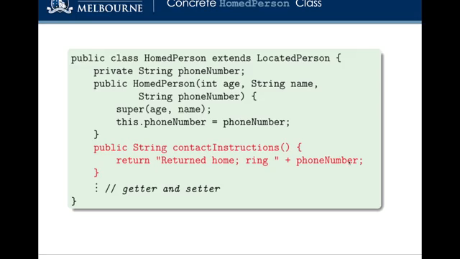So naturally a phone number or some message or something unique to what a homed person object would be, that is added to the contact instructions. And that is the point. I mean, if you then create many objects that extend your abstract class, and each of those objects that you create has to create the abstract method and in turn provide unique or novel bespoke code for that method.